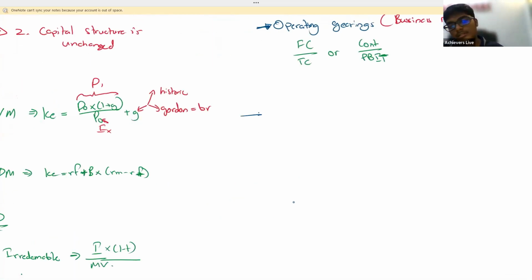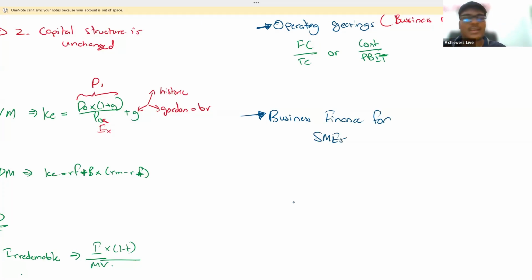Next, business finance for SMEs, small and medium-sized entities. What are the different sources of finance?